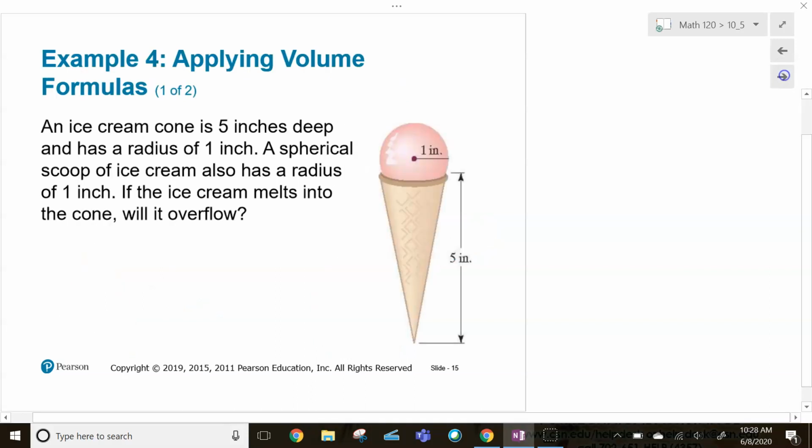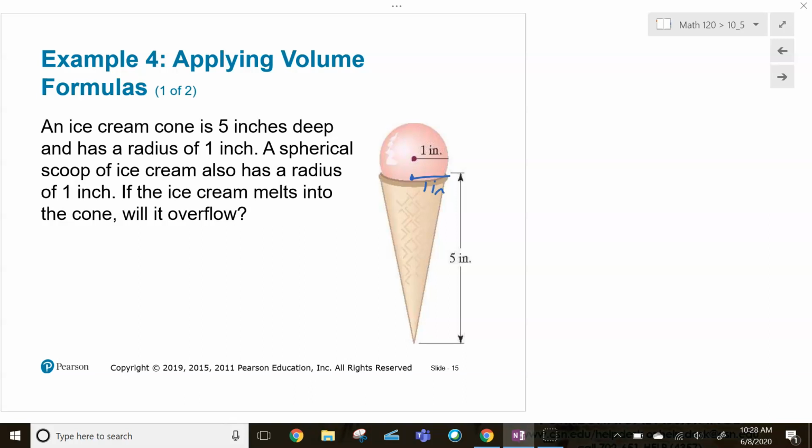So let's answer a question I have here. Let's say you've got an ice cream cone. Oh, I love ice cream. It's 5 inches deep and has a radius of 1 inch. The spherical scoop of ice cream also has a radius of 1 inch. So the radius of the cone is also 1 inch. If the ice cream melts, is it going to overflow? That's the question, right?